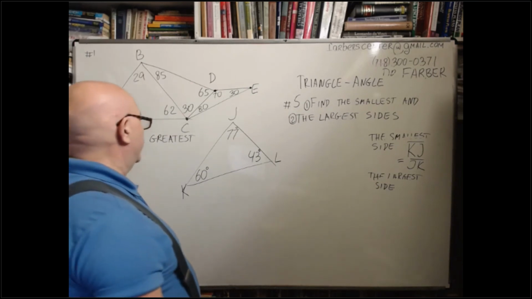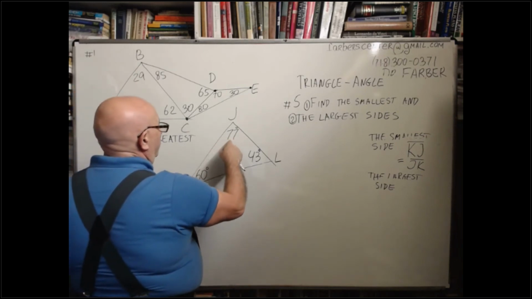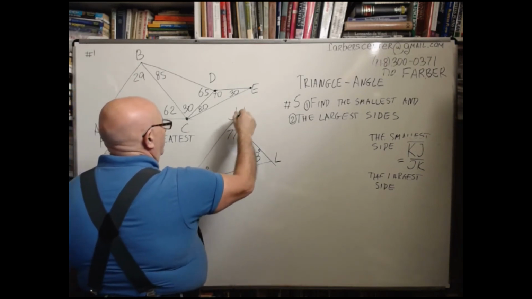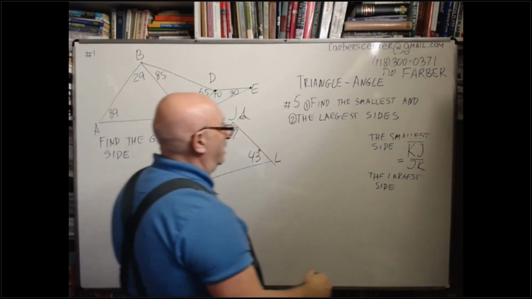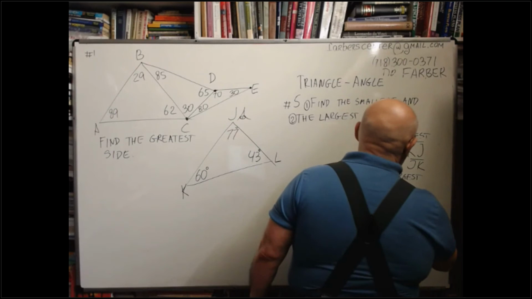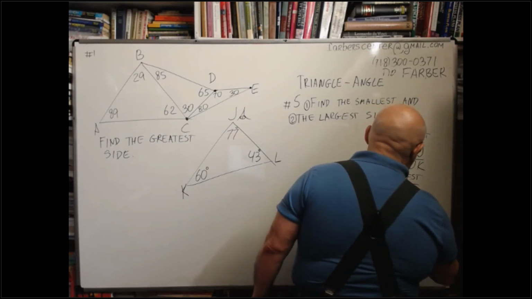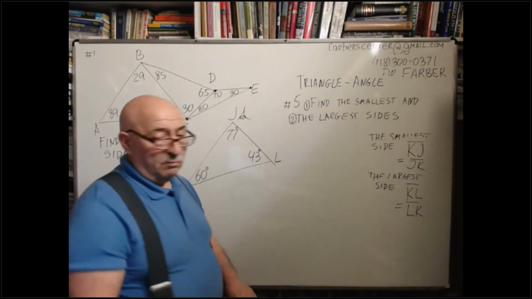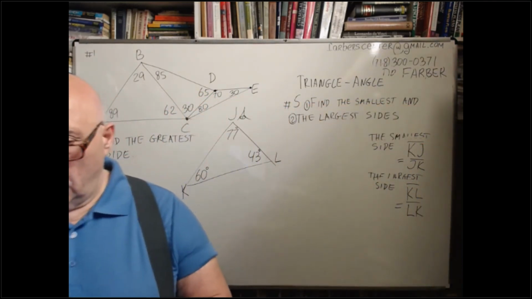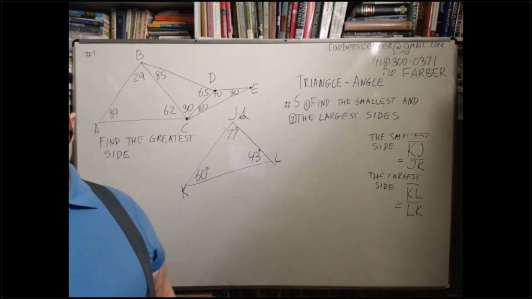Now, the greatest side. I found the greatest angle with 77. You look into the opposite side, and this is KL, or you can write LK, which is the same. Who understands this 100%?